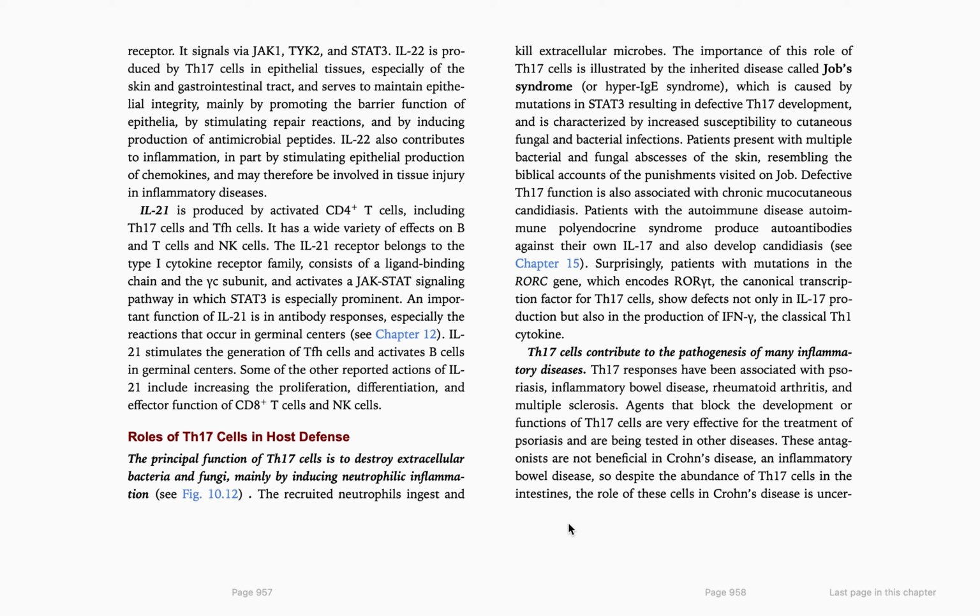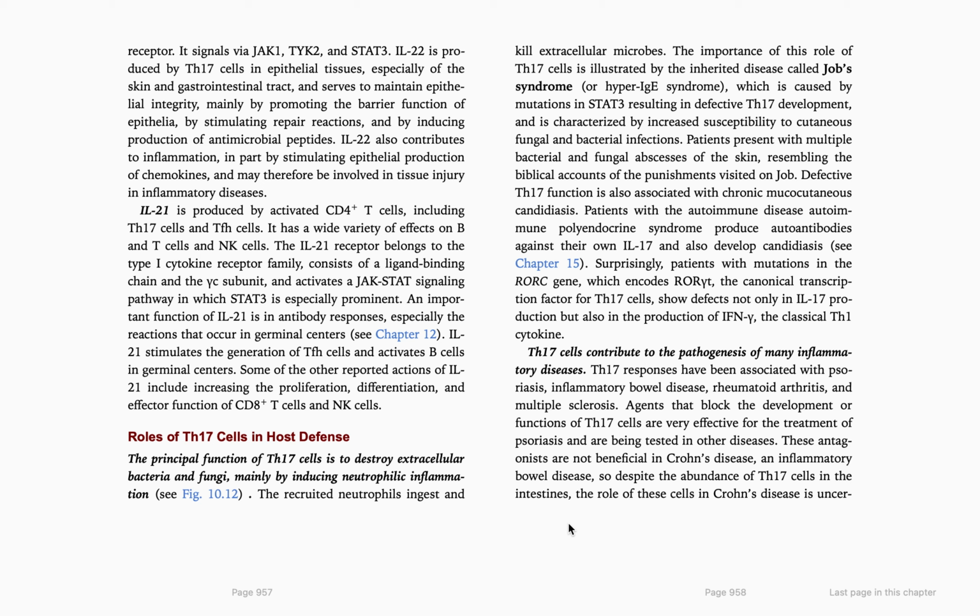Roles of T helper 17 in host defense. The principal function of T helper 17 cells is to destroy extracellular bacteria and fungi, mainly by inducing neutrophilic inflammation. The recruited neutrophils ingest and kill extracellular microbes.